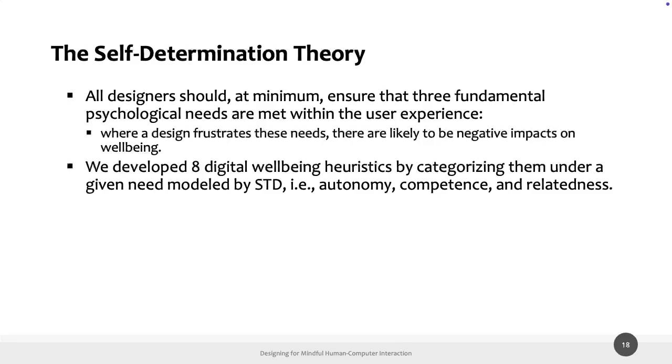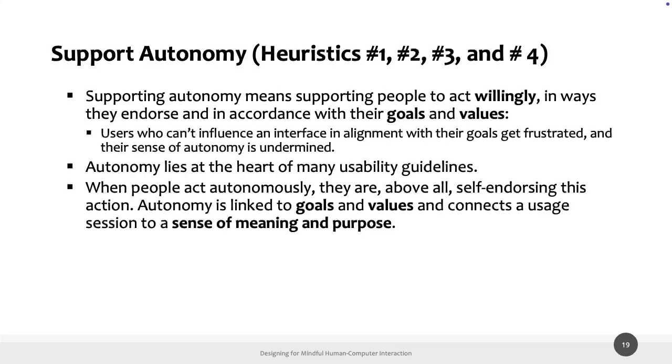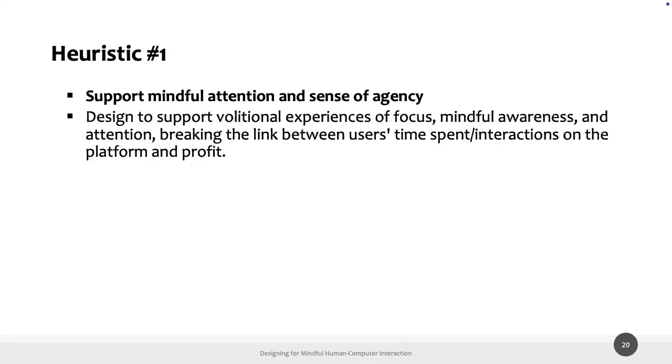And for each heuristic, we also extracted design strategies and concrete examples. So the first category is support autonomy. And again, autonomy is important because it's also at the heart of many usability guidelines. And so it's really important to support this basic psychological need in the design process.